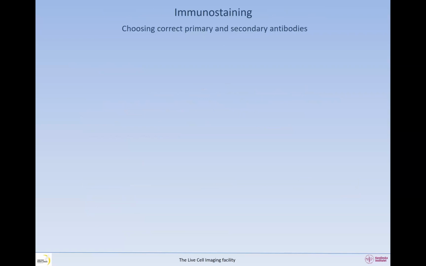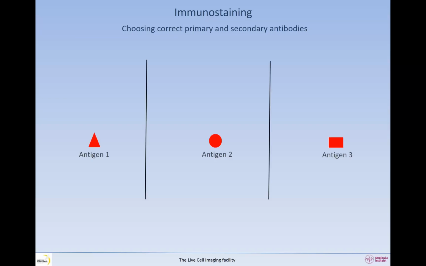Now, of course, our goal is always to see more, to detect more, to perform immunostaining and detect more antigens, several antigens. So it's quite important to choose the correct primary and secondary antibodies. So here is a little example. We have three antigens.